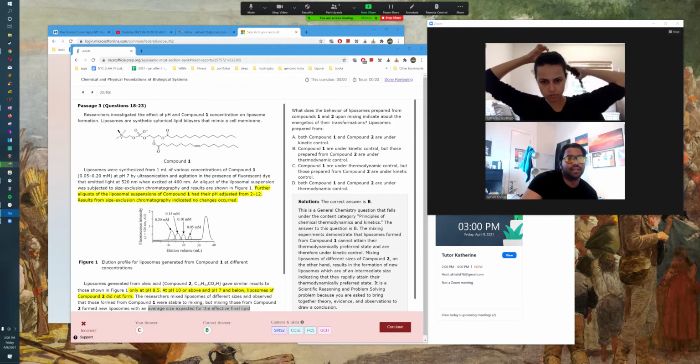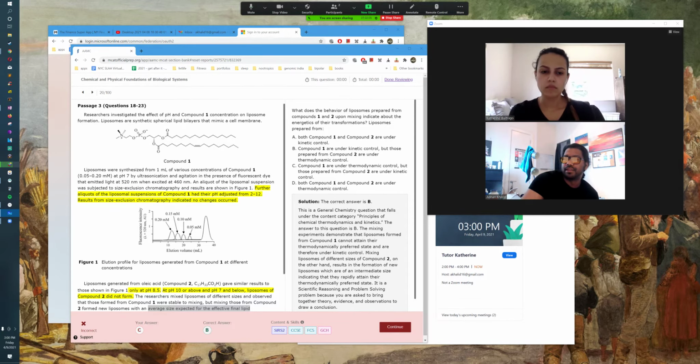But how is the induced fit model of enzymes related? Were you going to tell me that it was related somehow to the transition state? Yes, because this here is basically a transition state, because it doesn't exist in nature like this.